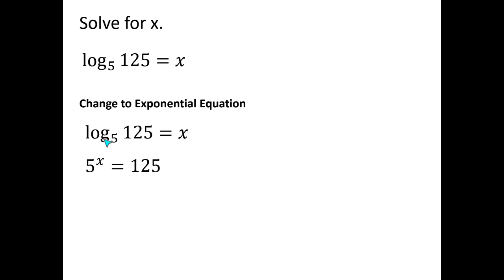So in this example, this log is equal to x. So x is going to be your exponent. And then here we can try to change this to one-to-one property. The 125 can be written as 5 cubed. And so since the bases are the same, I can set the exponents equal to each other. And so my solution here is x is equal to 3.